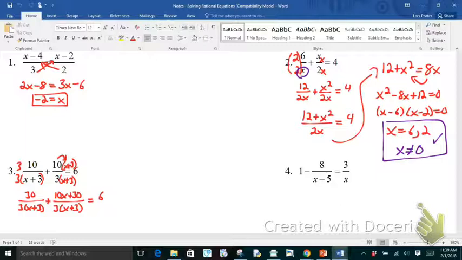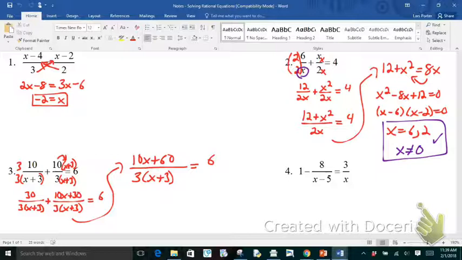Let's go ahead and put all of this together. Notice that we'll have 30 and 30 and 10x on the top, so that's going to give us 10x plus 60 over, common denominator, 3 times x plus 3 is equal to 6.